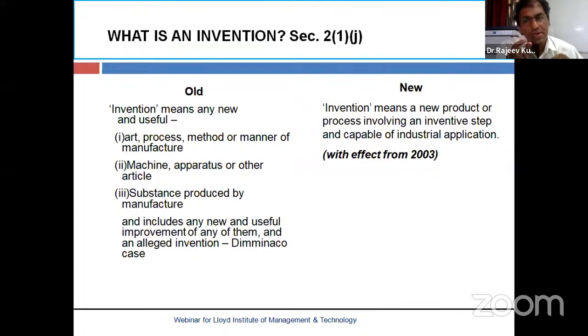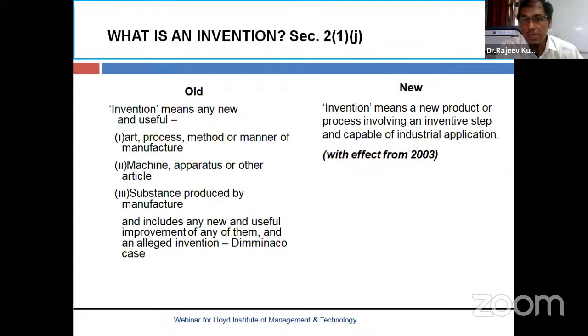It should not be a minor improvement. It should qualify as substantial.